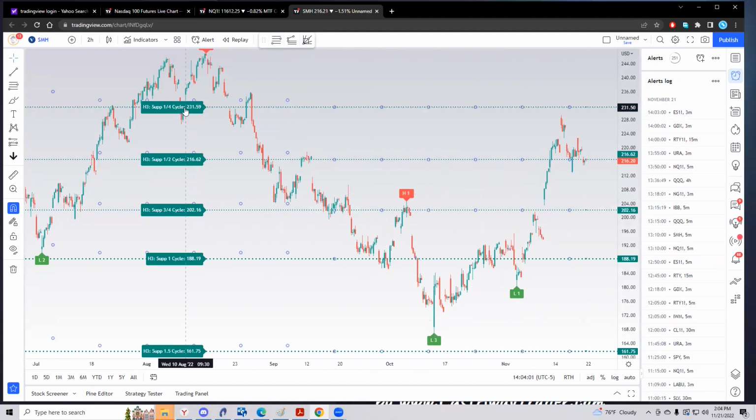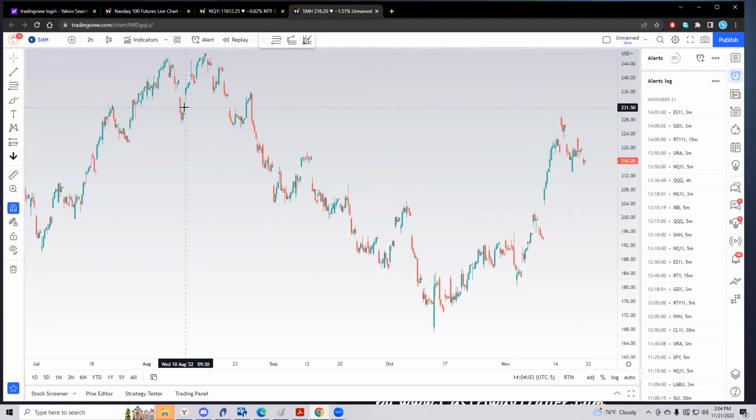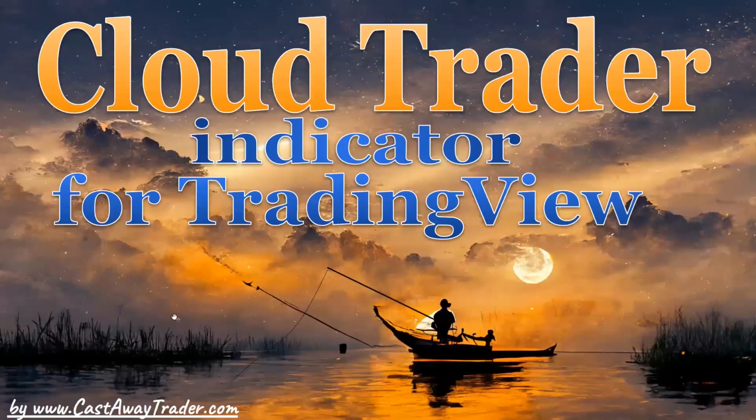Finally, I want to show you my newest addition of the indicators, and I called it the Cloud Trader indicator for TradingView. It tries to use the same idea of identifying cycles, and it is supposed to generate buy and sell signals based on cycles and different oscillators.